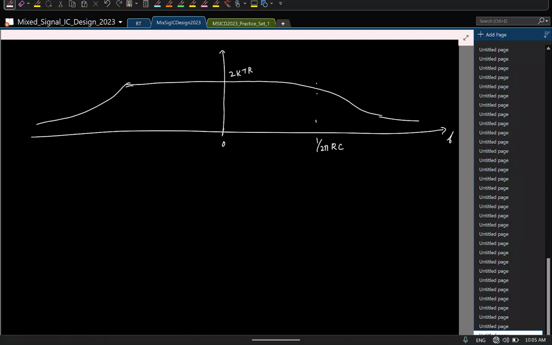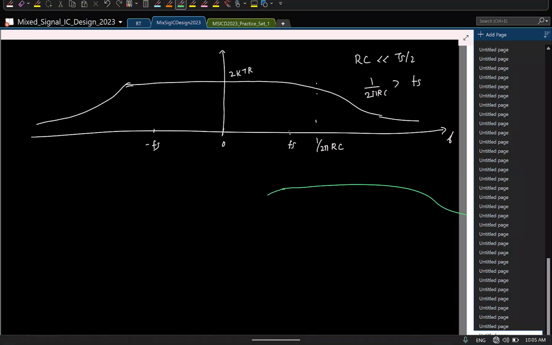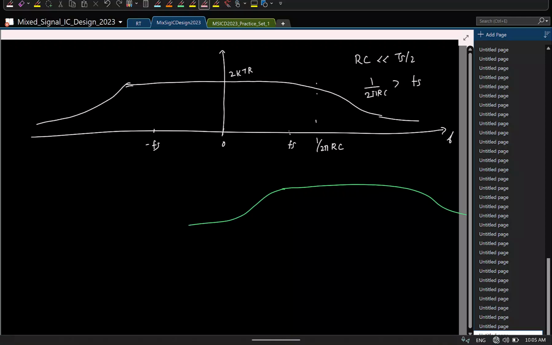Remember that we choose RC to be much smaller than Ts by 2, which means 1 by 2 pi RC will be greater than Fs. So I'll have repetitions, and the first repetition happens somewhere here, at Fs, and one more repetition around minus Fs.